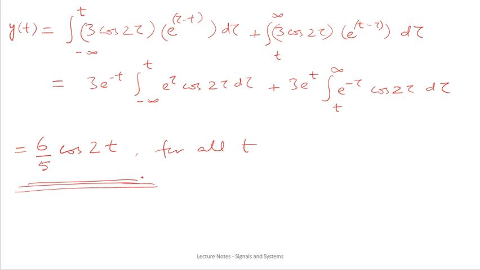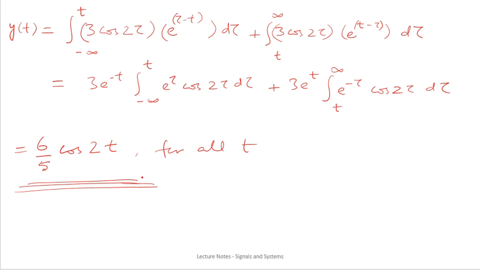So in this lecture we have introduced a second method for finding the output of a signals and systems problem, and this is called convolution.